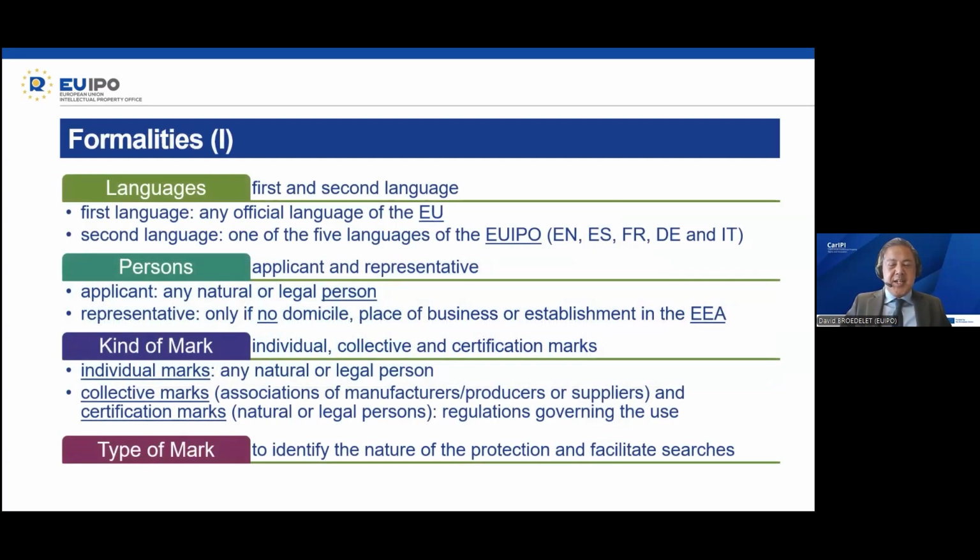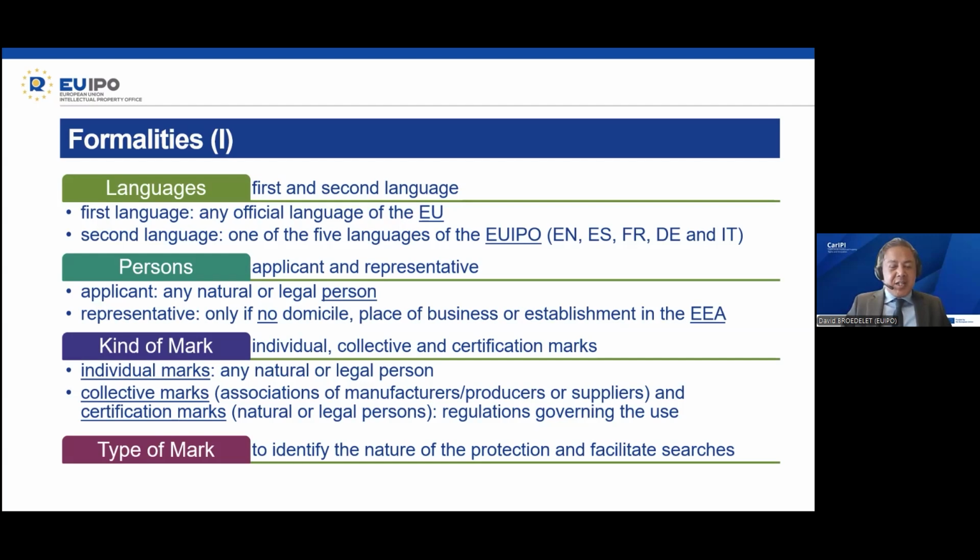So, like I said a few slides ago, we have a formality examination. Now, what are formalities? First of all, as we know, at the EUIPO, we work in several languages. So an application can have a first and a second language. There is a certain language requirement that we set for applications.